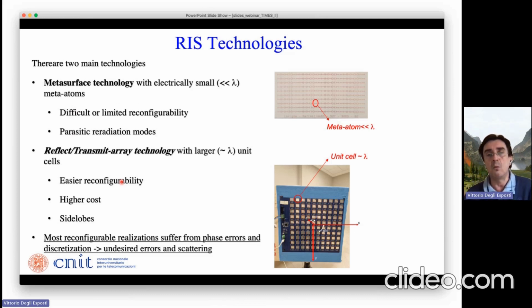So not only one radiation direction, but multiple, let's say, spurious radiation modes. And also, most reconfigurable realizations suffer from phase error and phase discretization, and therefore there are undesired errors and diffuse scattering that we have to take into account.